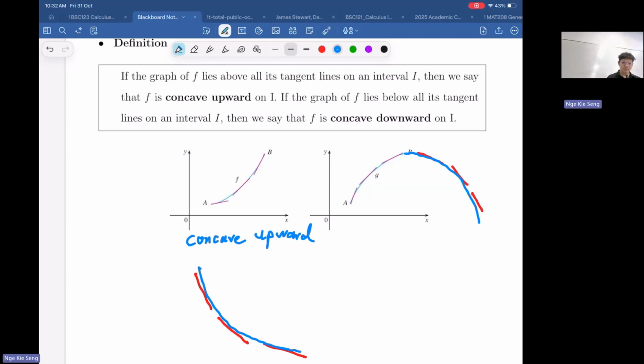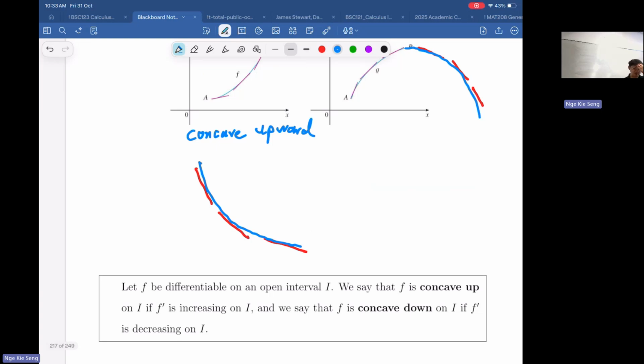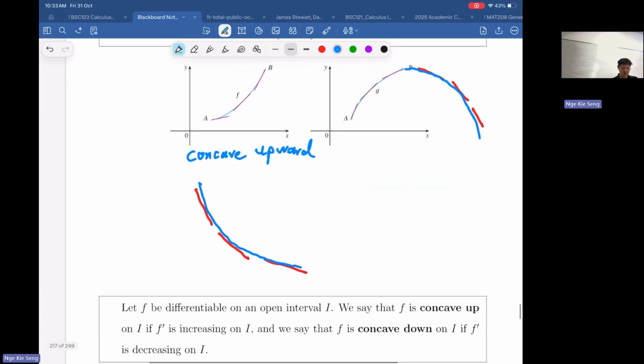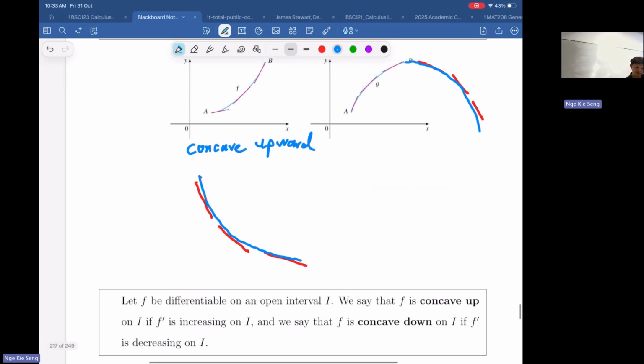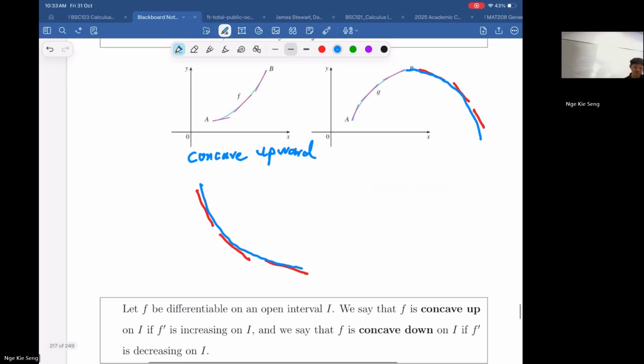So when do we know that a function is concave upward or downward? Let f be differentiable on an open interval. We say that f is concave up if f prime is increasing, and concave down if f prime is decreasing. Does it make sense? Let's check.